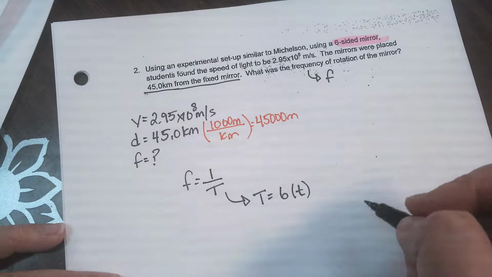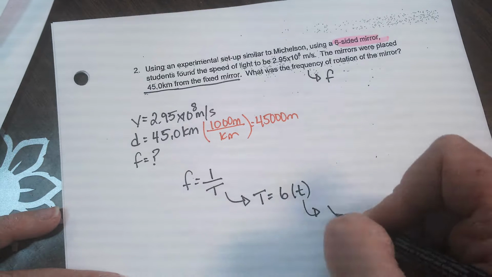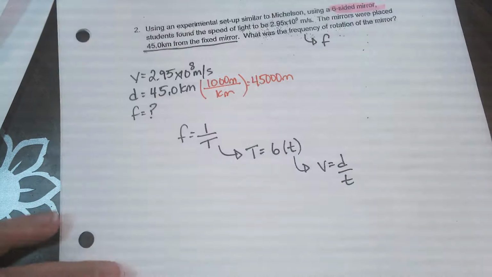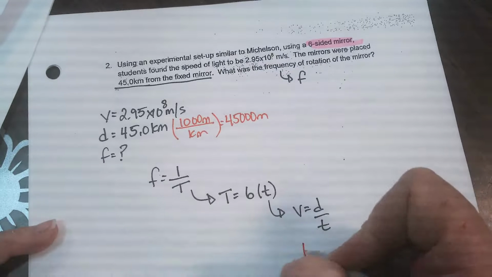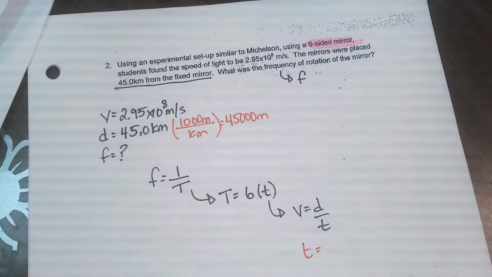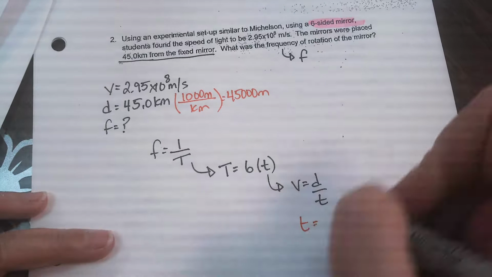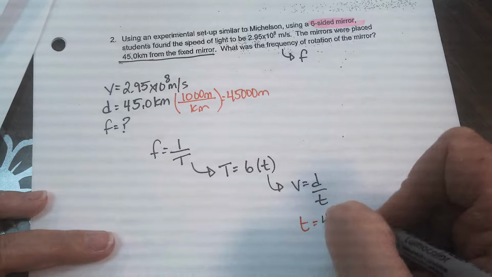When I figure that piece out, if I want time, I know that velocity is equal to distance over time. So let's work backwards. Time is equal to 45,000 meters.